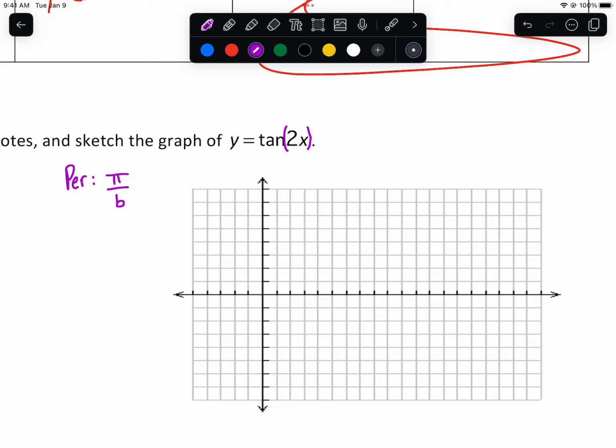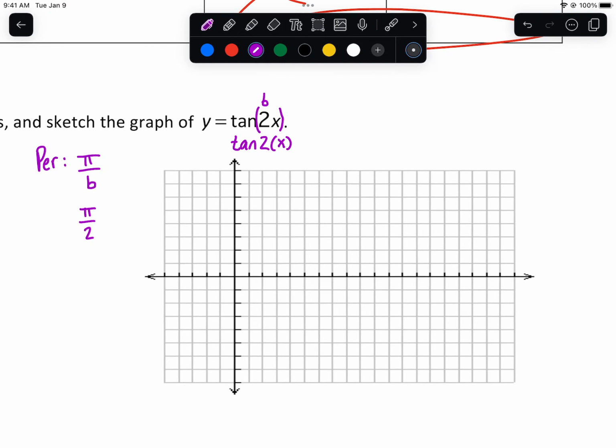The b value in this case is the thing multiplied times x, whether that is inside or outside of the parentheses. Even if you rewrite it in its factored form, it's still 2 times x, our b is still 2. Okay, so we'll put pi over 2.